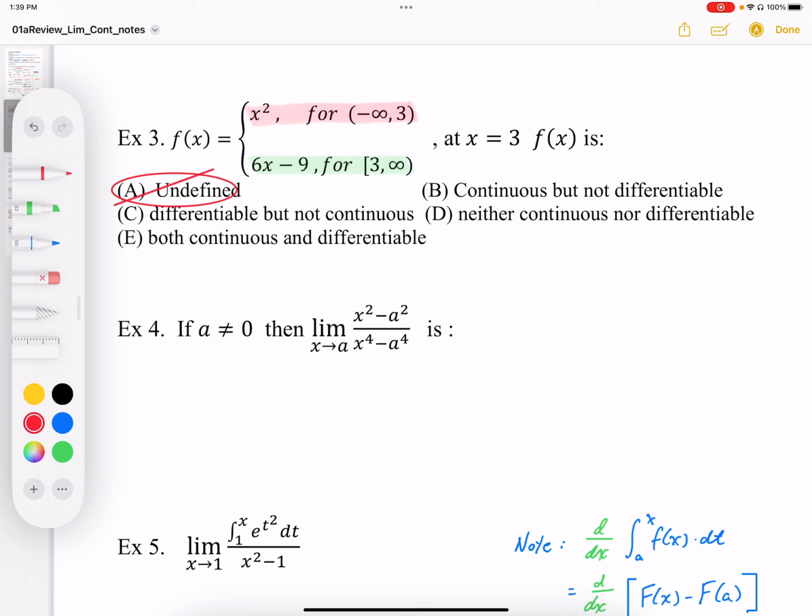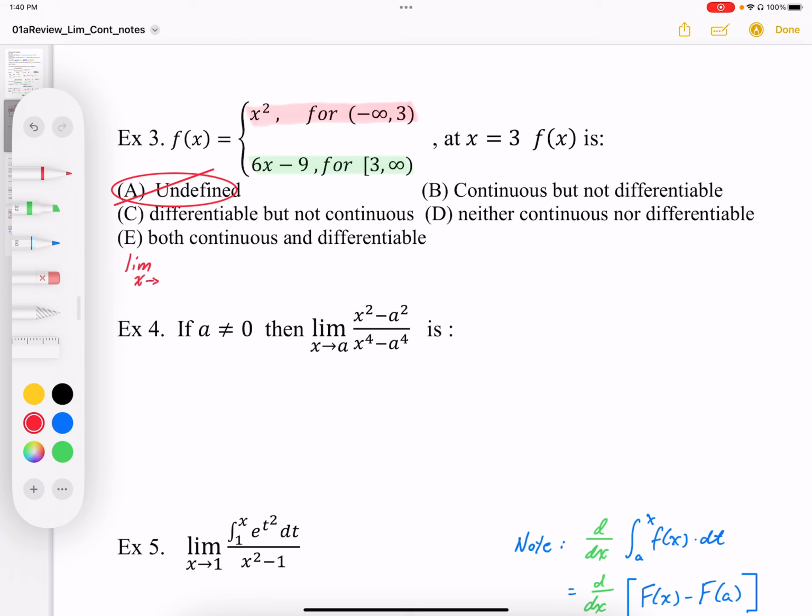And for B, continuous but not differentiable. Okay, so we should probably check for continuity first. For checking for continuity, we're just going to check the left-hand limit equaling the right-hand limit, and that it actually equals the value.